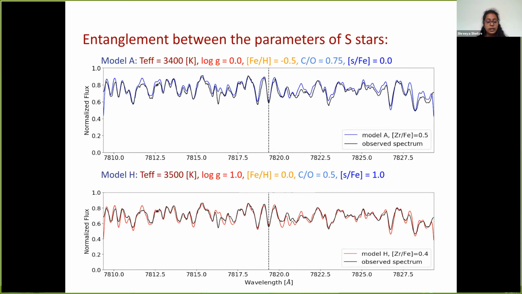Here I have plotted an example of the observed spectrum compared with two different models with completely different sets of parameters. You can see that in many different optical spectral windows, it would be really hard to differentiate which model best reproduces the observed spectrum. What I want to say is that the high resolution spectrum itself is not sufficient to disentangle this parameter space of the S stars.